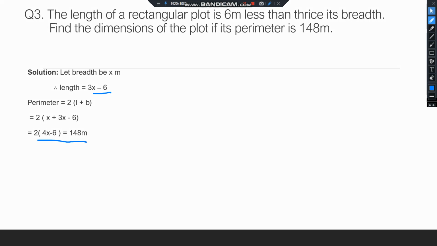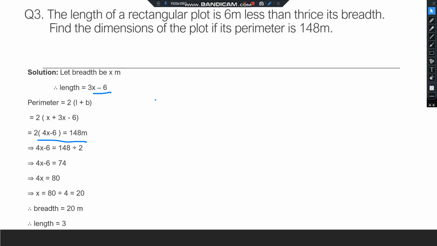Now if we simplify this equation, we get the value of x as 80 divided by 4, that is 20, and since the breadth is x, that is 20 meter.